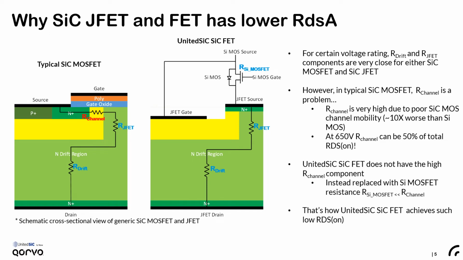And the channel resistance of silicon carbide MOSFET is much higher than that of a low-voltage silicon MOSFET, especially at a lower breakdown voltage. For example, at 650 volt, the silicon carbide MOSFET channel resistance can take up to 50% of the overall on-resistance of the device, while the low-voltage silicon MOSFET only takes 5 to 10% of the overall RDS(on). This is how our silicon carbide FET achieves such low RDSA. It's fundamentally rooted in the JFET.